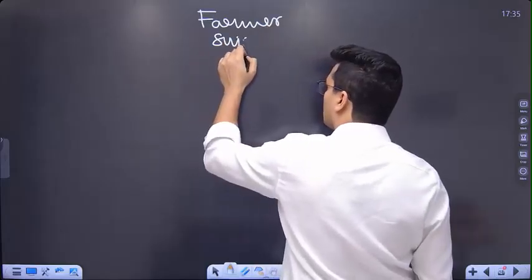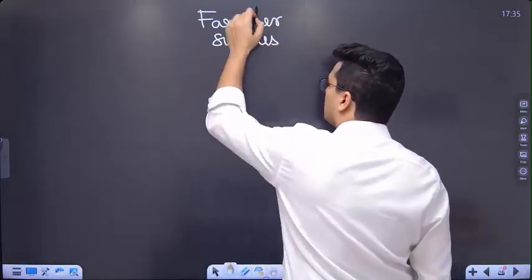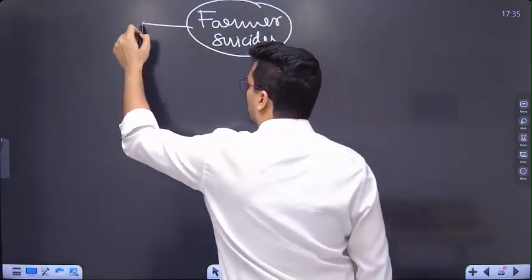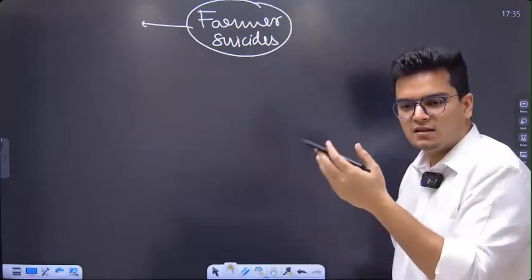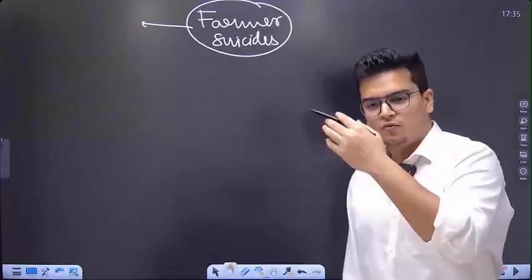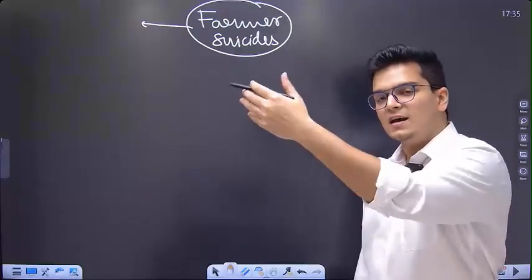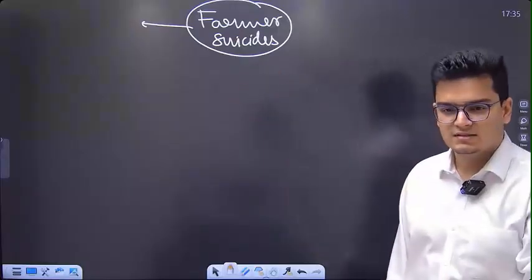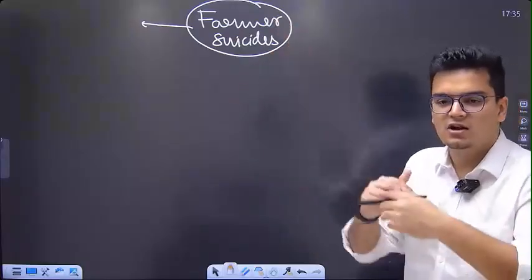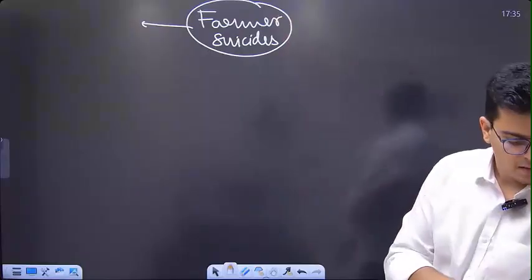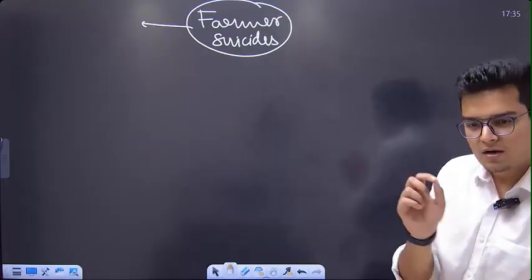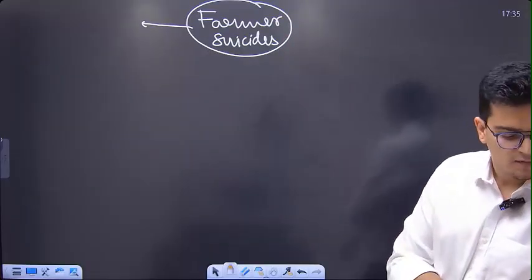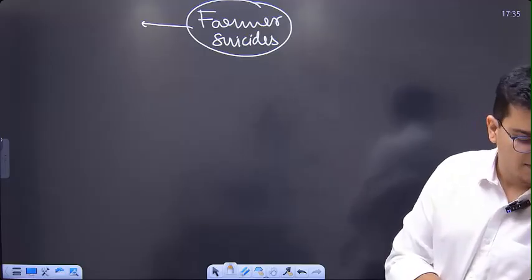Now, if someone asks you the reasons for farmer suicides, whatever causes we have read in agrarian distress can be the causes for farmer suicides, because farmer suicide is a result of agrarian distress. But there are certain other important causes that we must know about with regards to farmer suicides specifically.